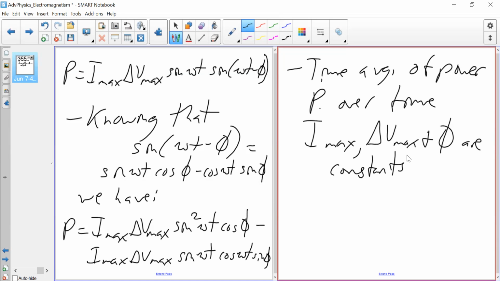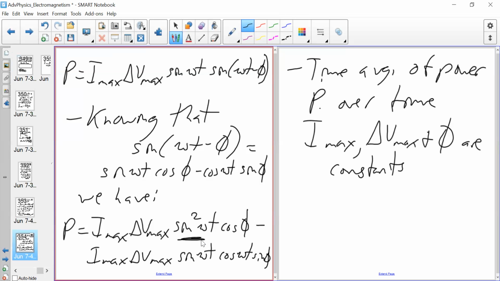So if we look at this first term here, again, another relationship of this sine squared omega t function over time.